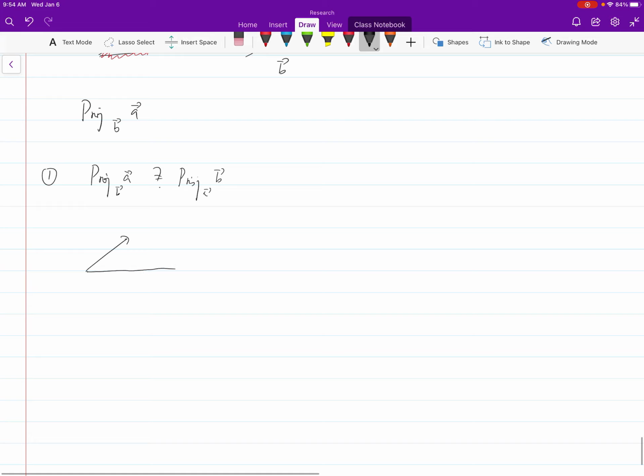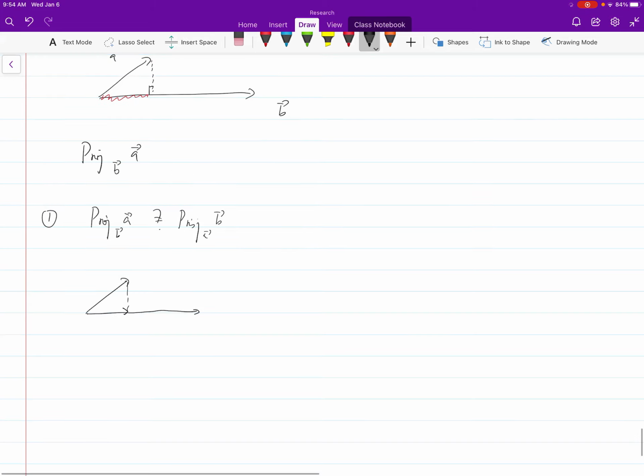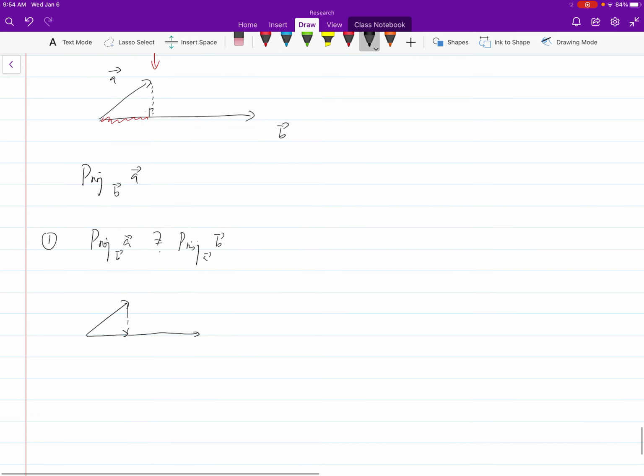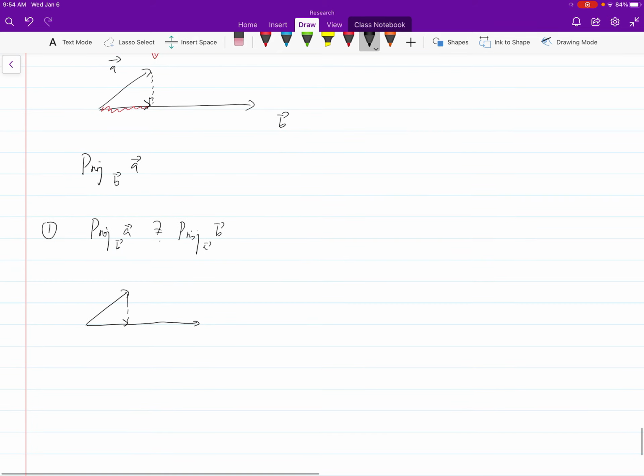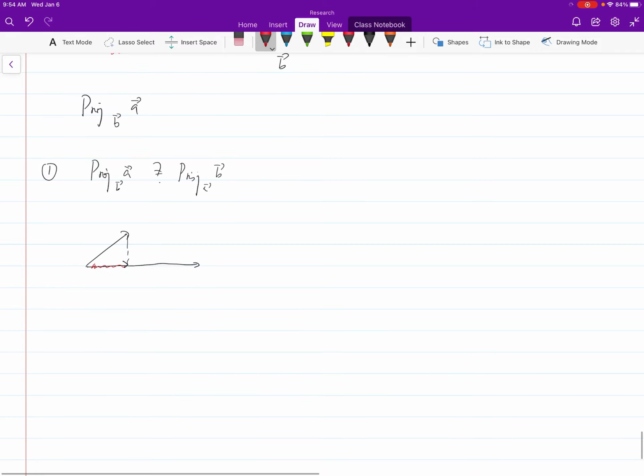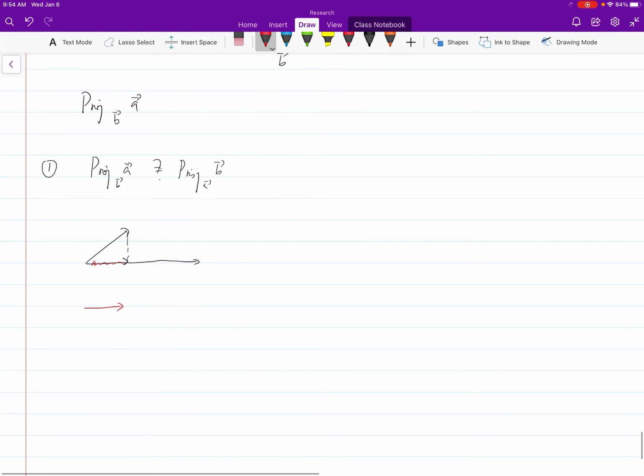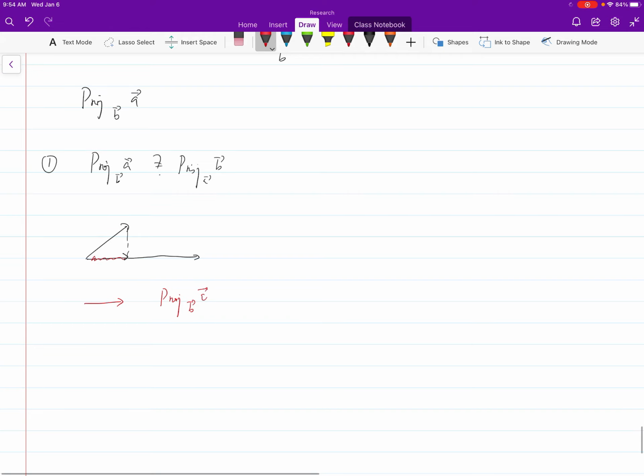Then question 1: are they the same? Now if you draw it, this is the projection of A onto B. Let's use a different color. Now what do you mean by the projection of B onto A?